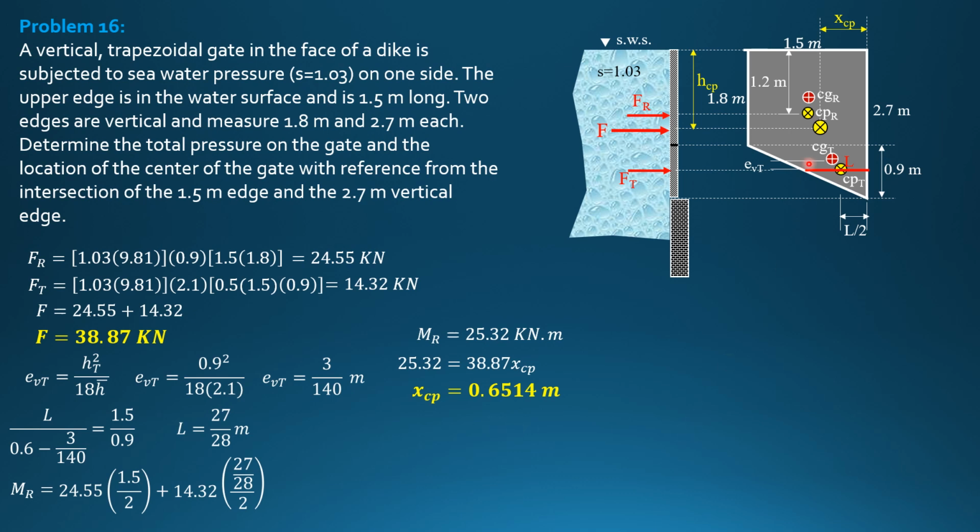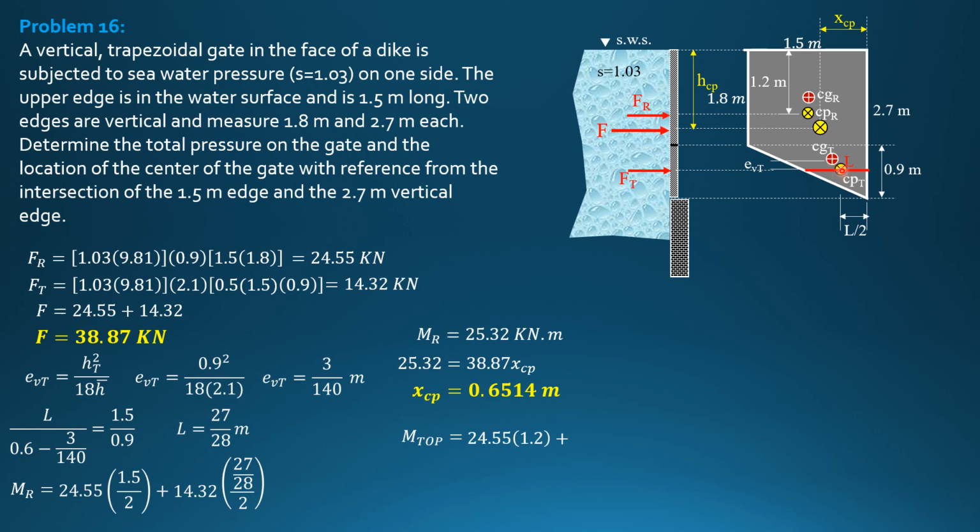Finally, we also compute the moment of the components about the top to solve for h sub Cp. So the moment of the components about the top would be F of the rectangle, 24.55, its distance is 1.2, while for the triangle it is 14.32, its distance from the top is 2.1, barred h of the triangle, plus e sub v of the triangle.